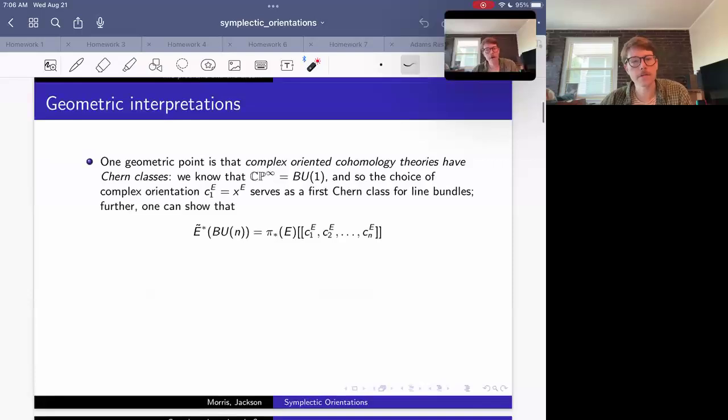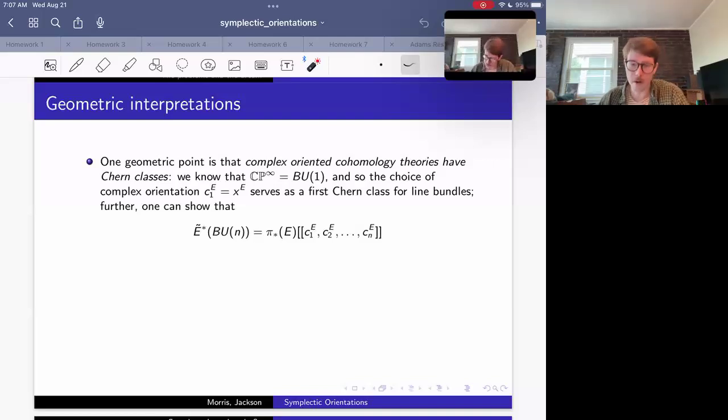And so we can talk about some geometry that we get from complex orientable cohomology theories. One of the things here is that complex-oriented cohomology theories have a theory of Chern classes. CP infinity seems a little obtuse at first, but it's the classifying space of U1. It's where the line bundles live. So the choice of a complex orientation serves as a first Chern class for line bundles.